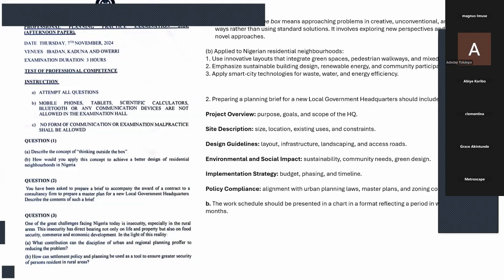Then we also have the implementation strategy. After the designing, after everything, after the phasing of the project into phase 1, phase 2, phase 3, depending on the magnitude of the project, there is need for you as a planner to know the budget. The local government should inform you how much they are willing to put into that master plan.